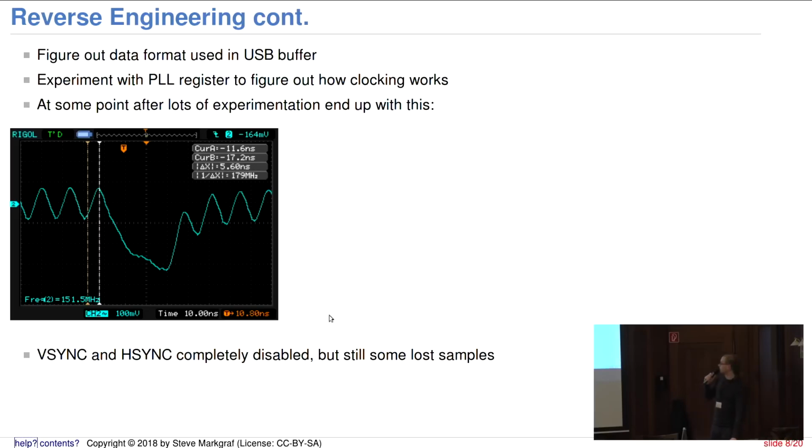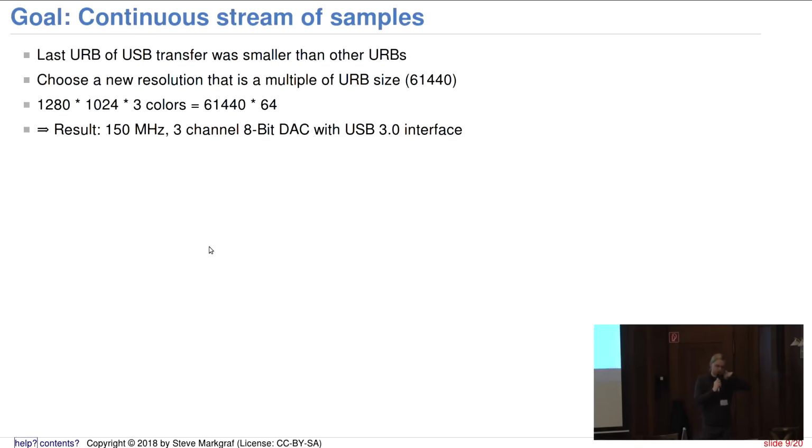This is a not so high bandwidth oscilloscope, as you can see here, but there were samples missing in the middle, and after further experimentation, I found out why that was, because I, of course, used the highest resolution this adapter can do, which is full HD, but for this case, the one whole frame gets split up in multiple transfers on the USB bus, and in this case, the last transfer or packet had a different size than the previous packets, and this didn't work out with the FIFO inside the device, and thus there was this small gap.